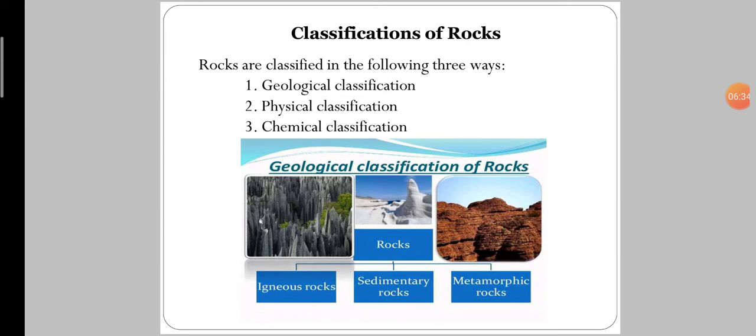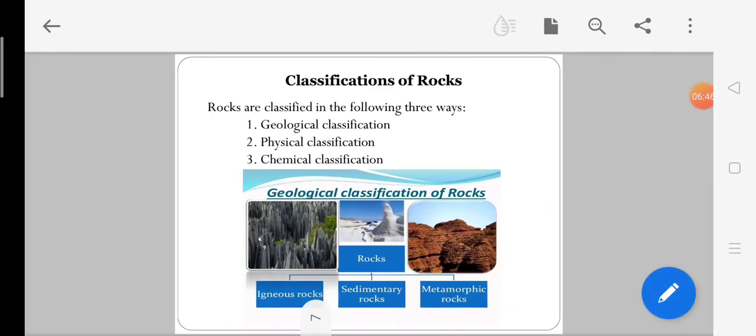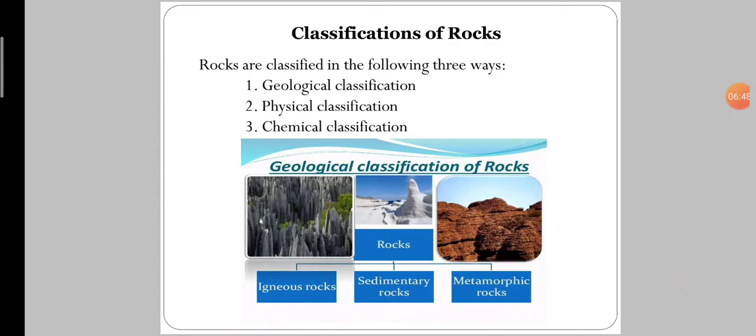Examples of these rocks are basalt, granite, dolerite, etc. Then if you move on to sedimentary rocks, it is also one type of rock.